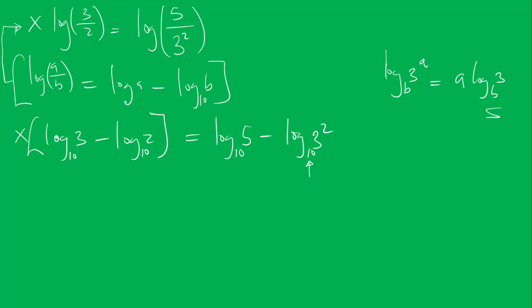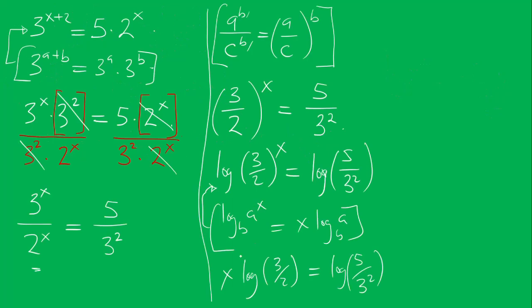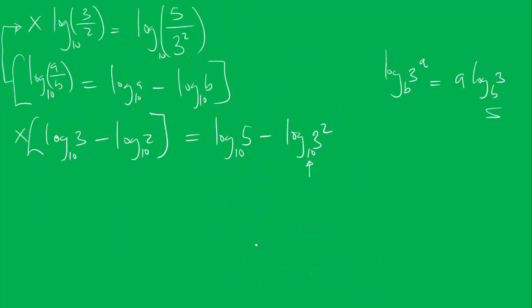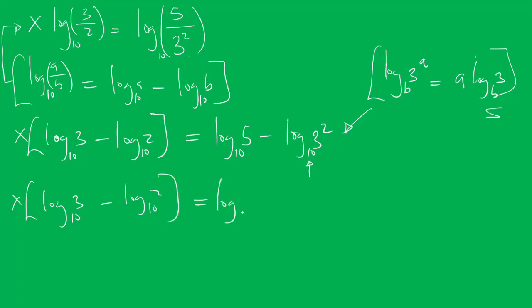So if we apply this rule to this expression, you will now have x into log 3 base 10 minus log 2 base 10 equal to log 5 base 10 minus 2 log 3 base 10.